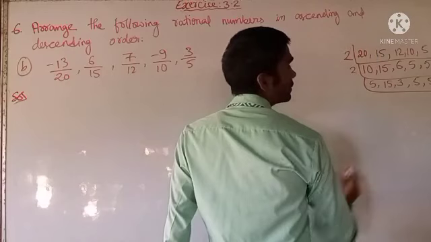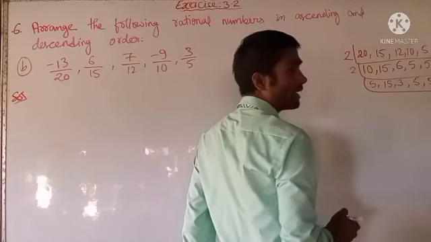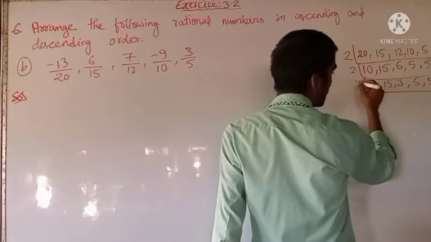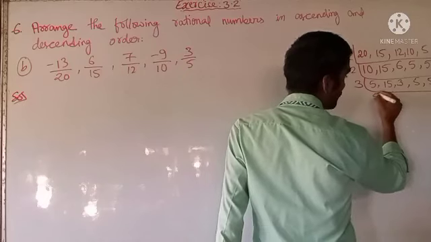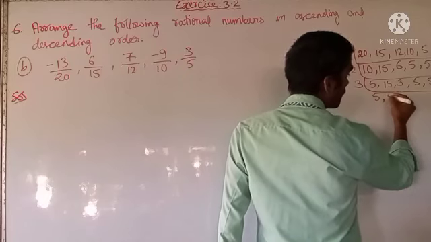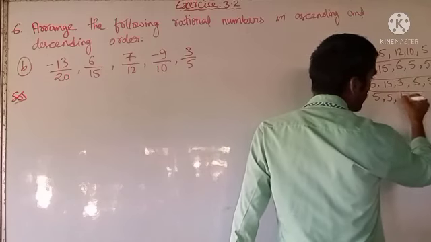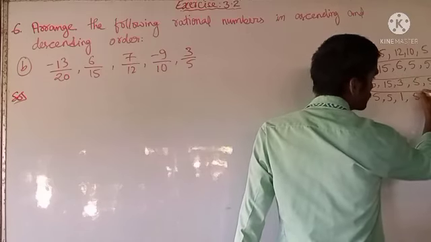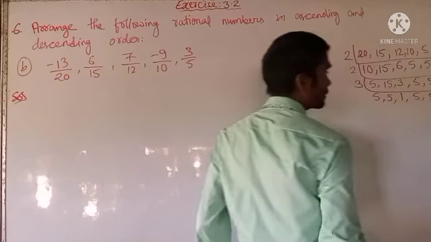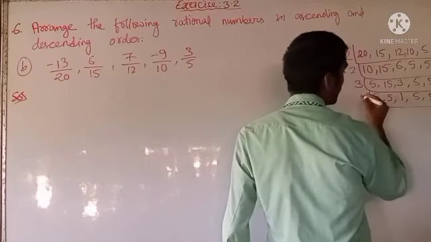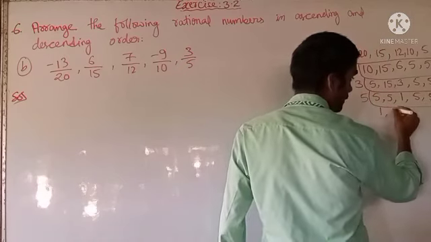Now we can see that 15 and 3 are divisible by 3, so we will divide them by 3. 5 is not divisible, so we write it as it is. 5 3s are 15. 3 1s are 3. 5 is not divisible. Now we will divide by 5. 5 1s are 5.